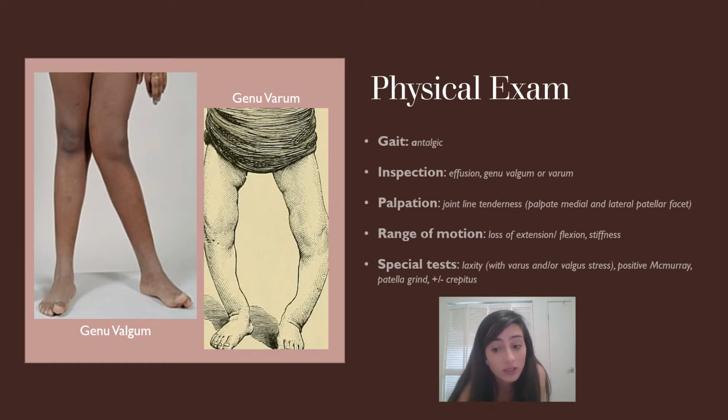There are three different compartments in the knee: the medial compartment on the inside, the lateral compartment on the outside, and the patellofemoral compartment underneath the kneecap. I can talk to you guys a little bit more about this on the imaging slide. But in valgus deformities, you'll have severe arthritis of the lateral compartment causing bowing inwards of the knees, like you can see in the left picture.